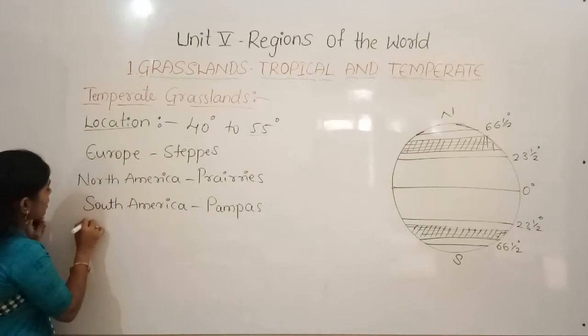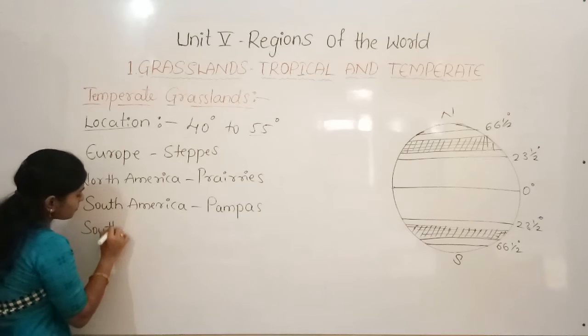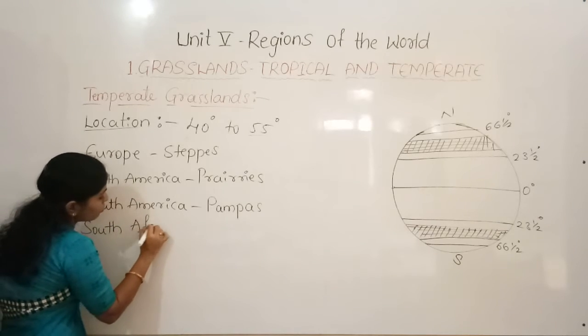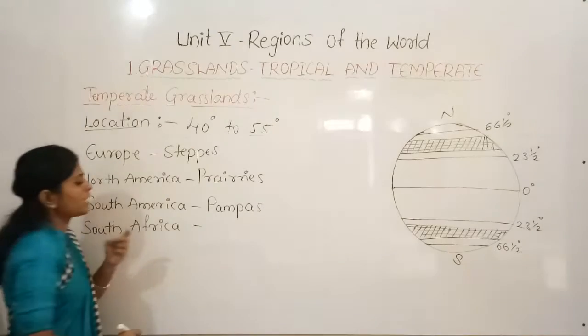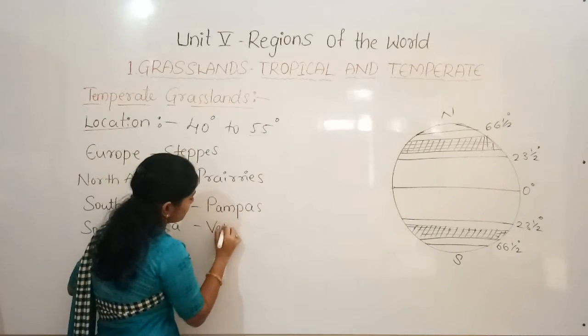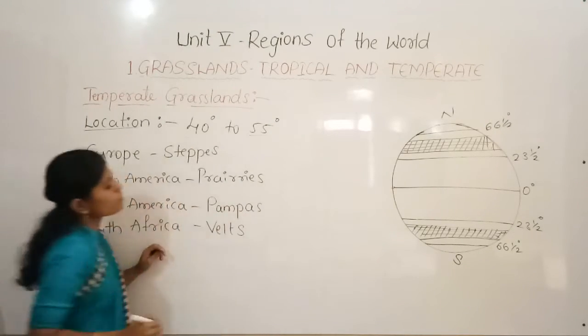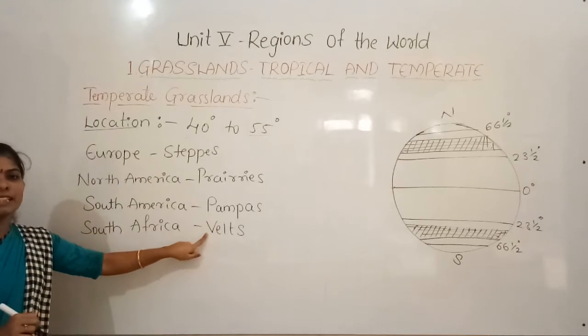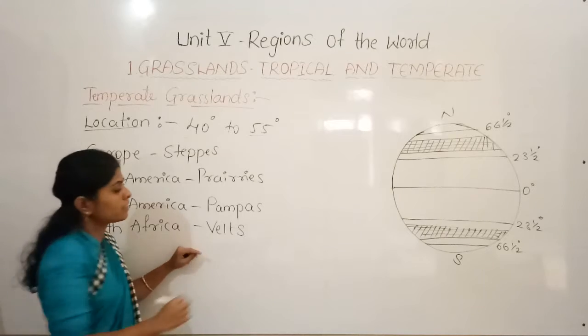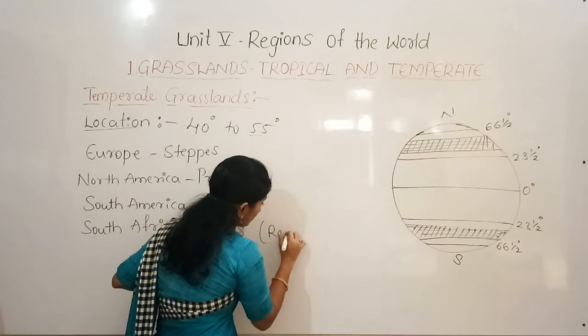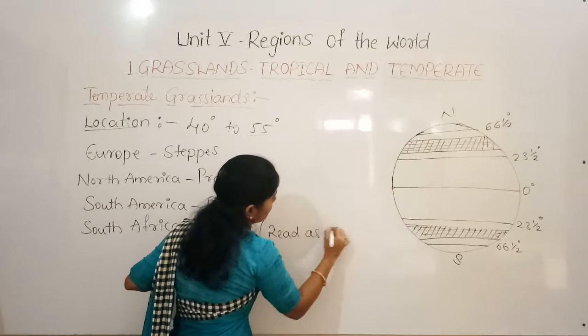And in South Africa, these are called by the name velds. Here it is V, but we have to read it as felds. Yes, read as felds.